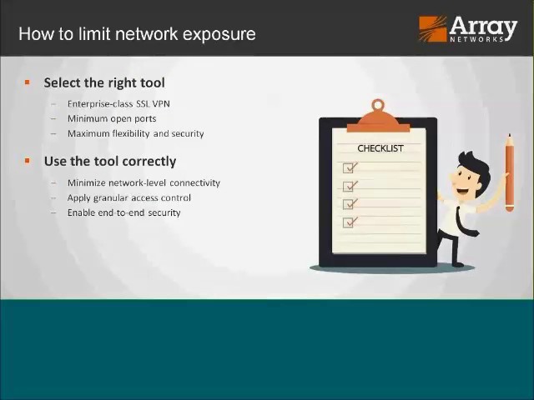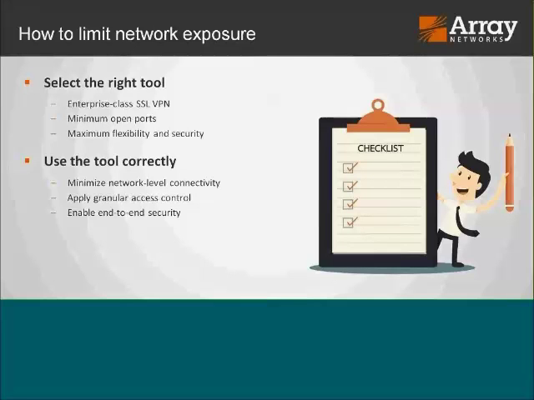Really there are two areas, probably more, where we focus when we talk to customers and potential customers about how we recommend limiting network exposure, or what the best practices are. Number one is selecting the right tool. You have to have the right elements to work with.